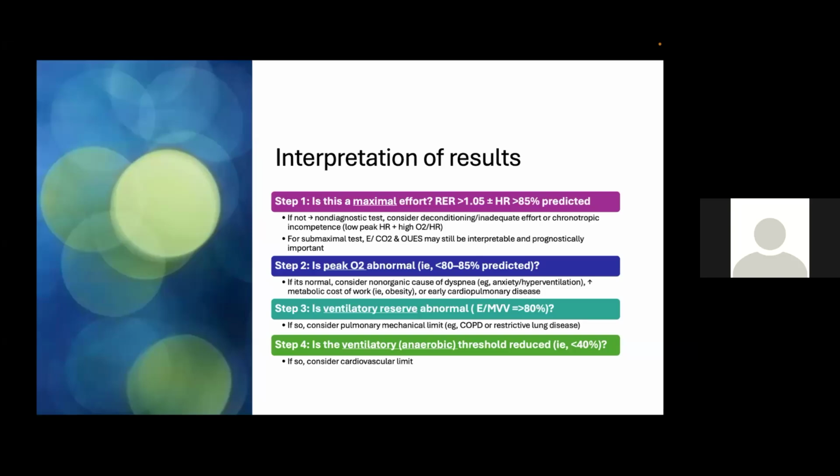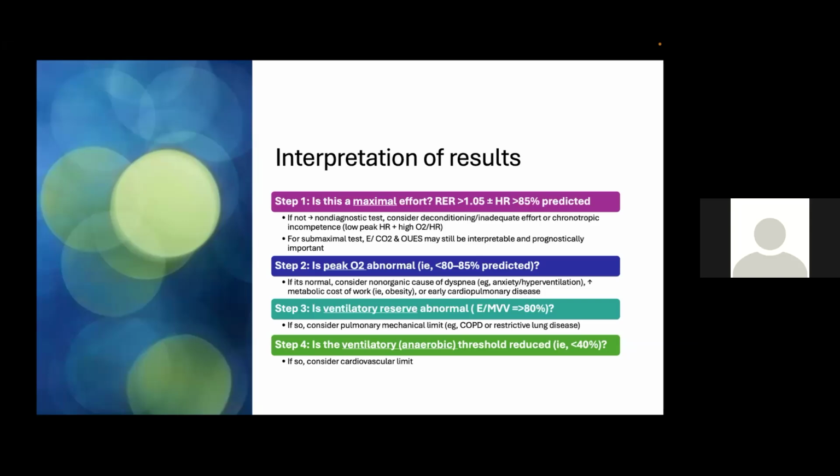First of all, we should make sure there are no technical errors, and we'll discuss that in the coming slide, and see if the patient reached maximum effort, looking at the respiratory exchange ratio, which should be more than 1.05, and also looking at the predicted heart rate. If the patient did not reach this level, we can use the submaximal test parameters, and we'll discuss that in the coming slide.